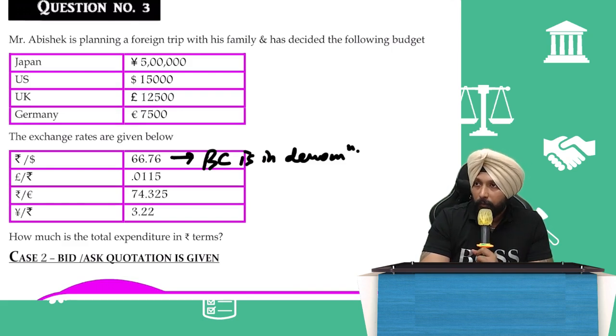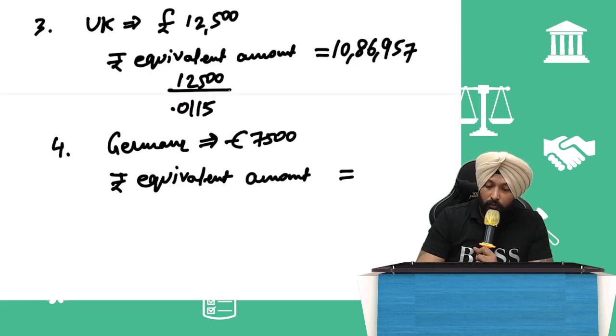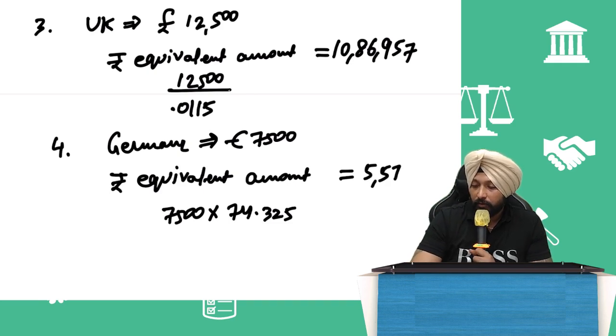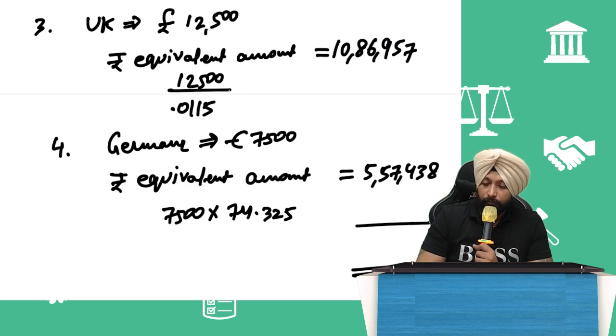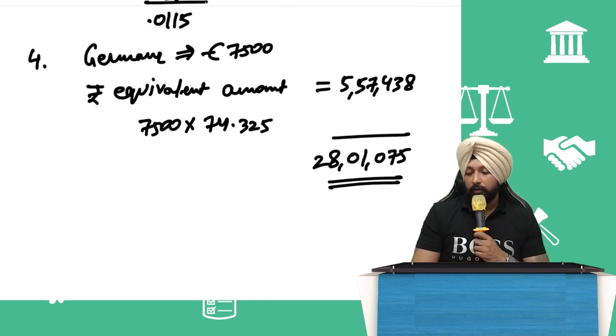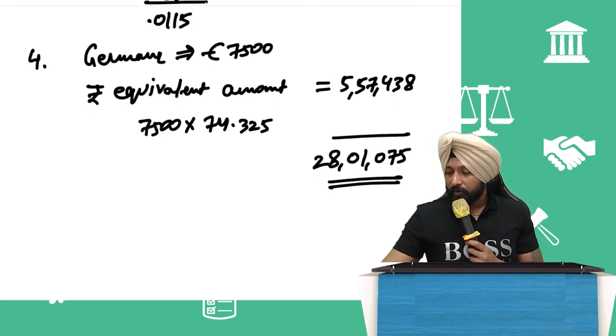We got to multiply. So 7,500 into 74.325 gives 557,438. The total is 28 lakhs 1,000. Okay, 075 approximately I have written.